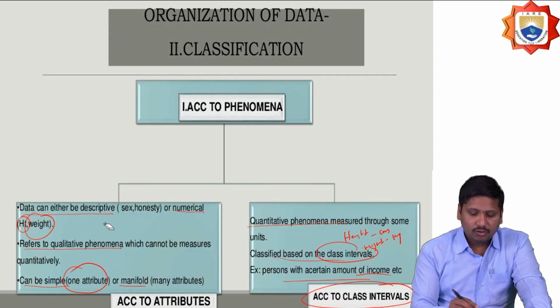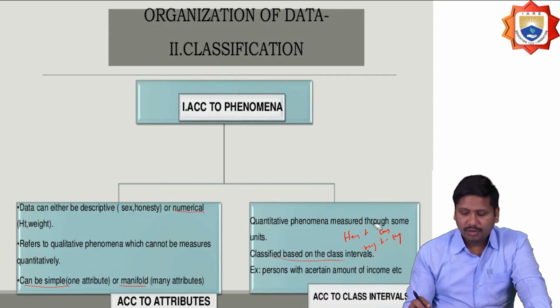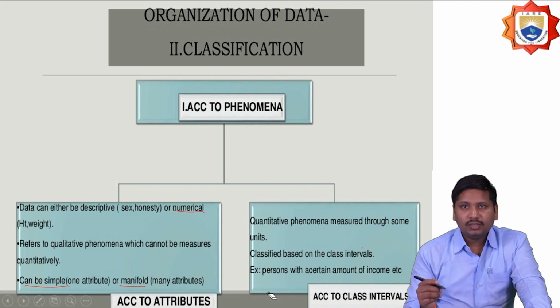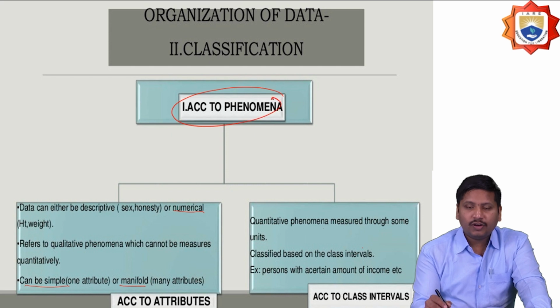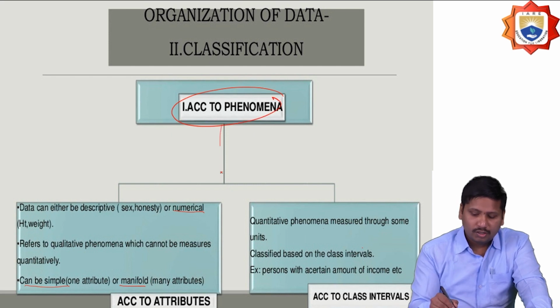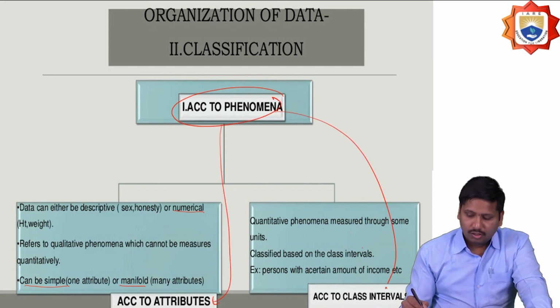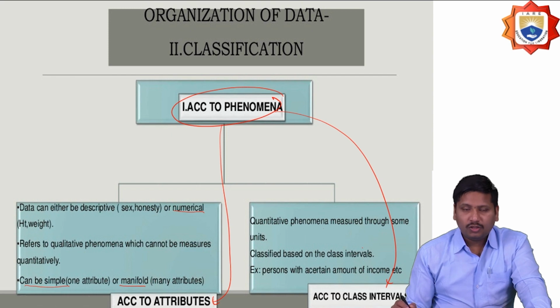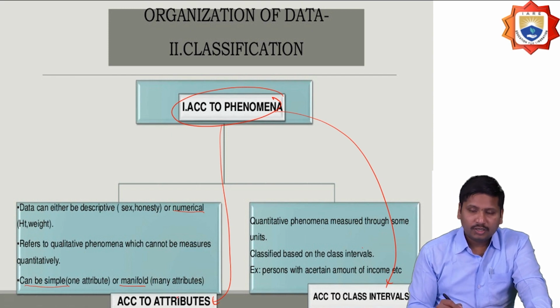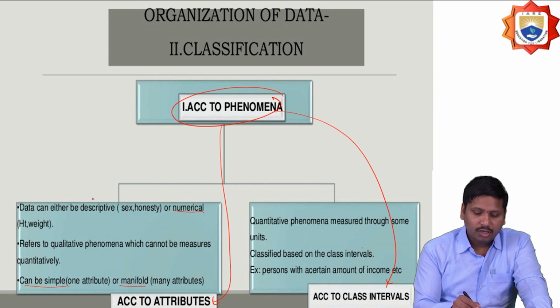Then classification. Normally this classification of the data can be done according to different factors. So the very first is according to the phenomena. So this means first according to the attributes and then according to the class intervals. These attributes mean the data is either descriptive or it may be numerical. If it is descriptive, then it is qualitative data, and if it is numerical, then it is quantitative data.